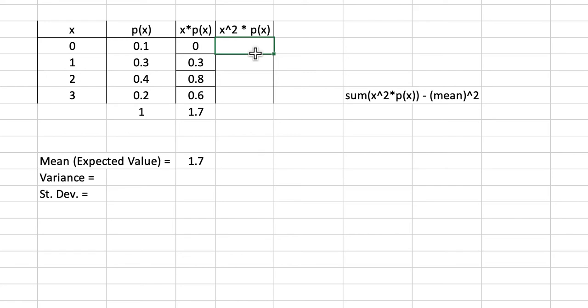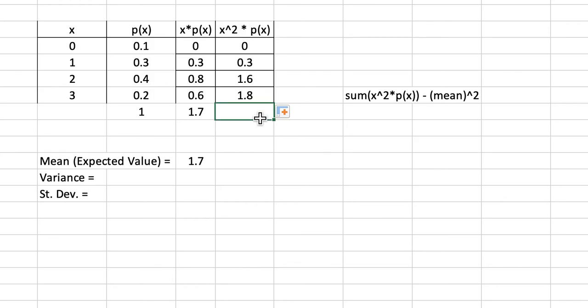So in the x squared p of x column, this is equal to whatever x is squared times whatever p of x is. Again, I should get 0 because 0 squared is 0, and sure enough. Then I'm going to drag this down, and there are the values of all the x squared p of x's.